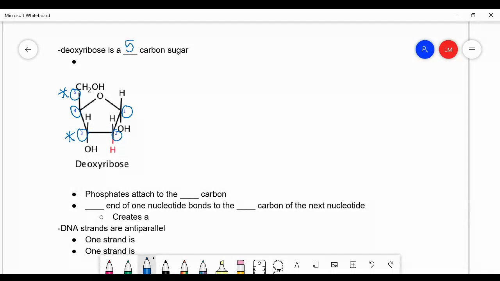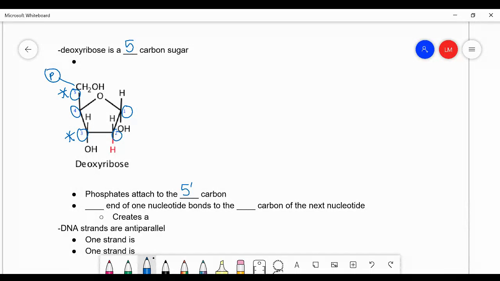So the phosphates attach to the 5 prime carbon, we call them prime, over here. So attached to this carbon is where the P for phosphate is going to be.